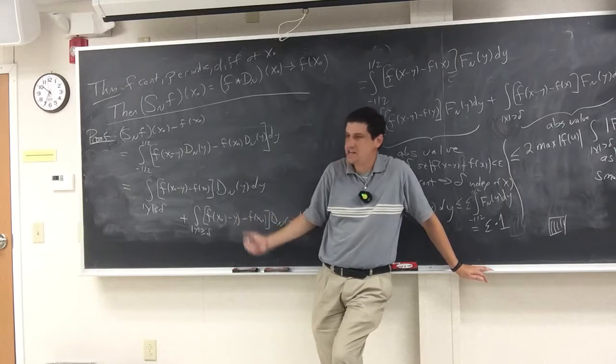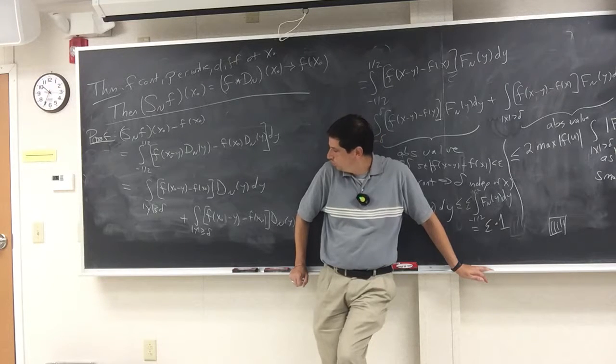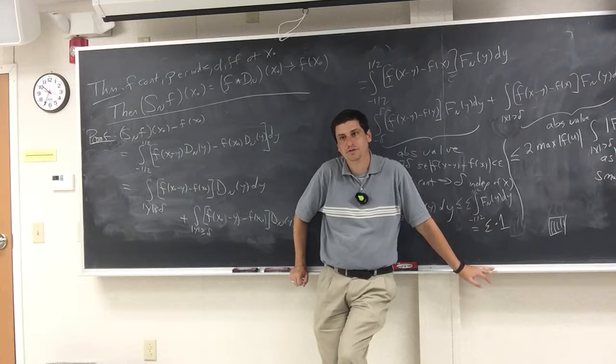We can't just take absolute values. Why can't we take absolute values? So what would go wrong if we just take absolute values?